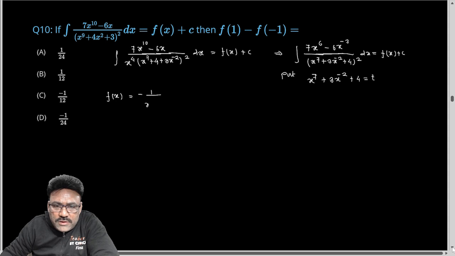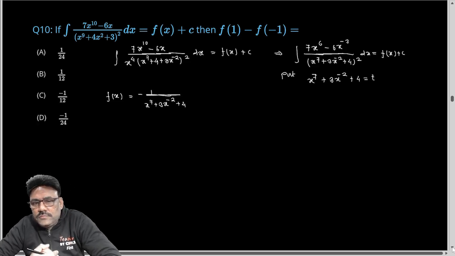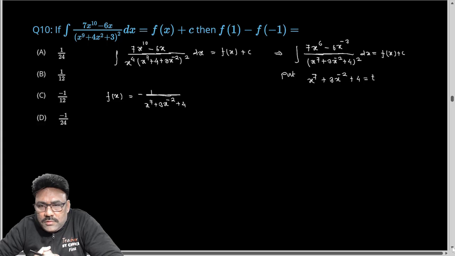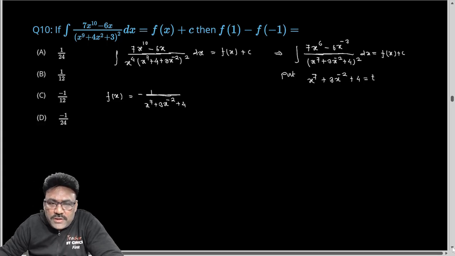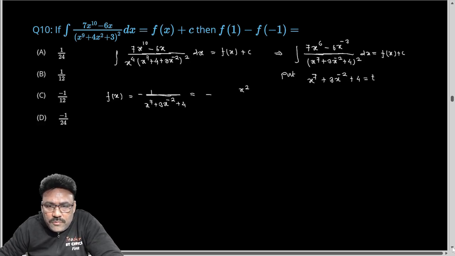So minus 1 by x raised to 7 plus 3x raised to minus 2 plus 4. Now it can also be written as minus x square over x raised to 9 plus 4x square plus 3.